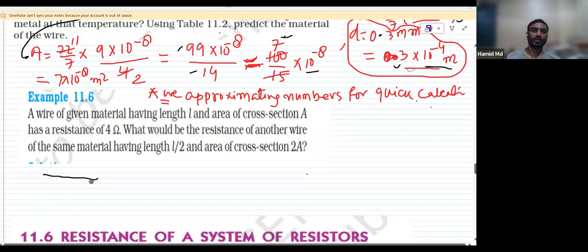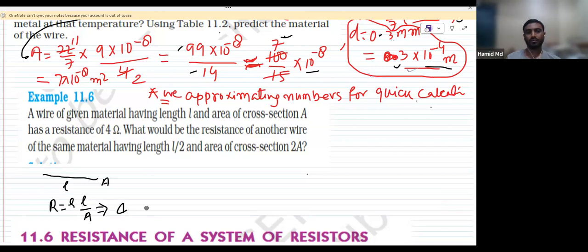The first situation is a wire of length L and area of cross section A has some resistance. In the first case, R is rho L over A. It is given that it has 4 ohm, so 4 ohm is equal to rho L over A. Another situation is what would be the resistance R when rho is fixed and the length is L over 2 and the area is 2A.